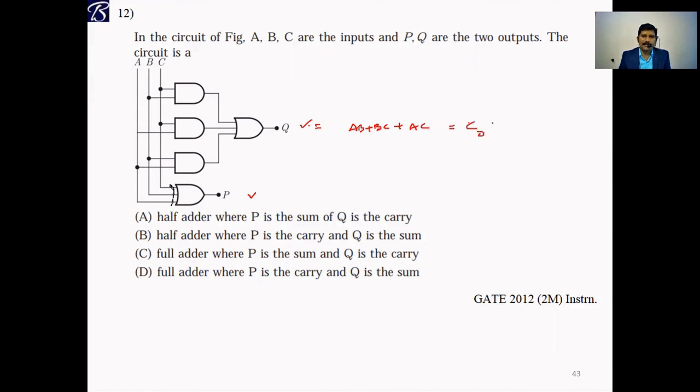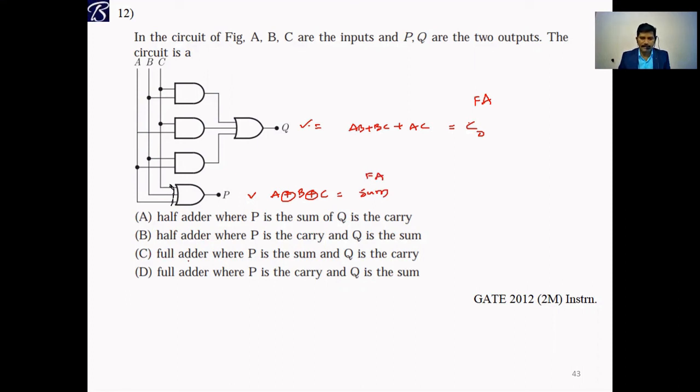Which is nothing but a carry C naught in a full adder. And P is nothing but A XOR B XOR C. So that is why this A XOR B XOR C is nothing but the sum in a full adder. So now find out the option. So this is a full adder actually.